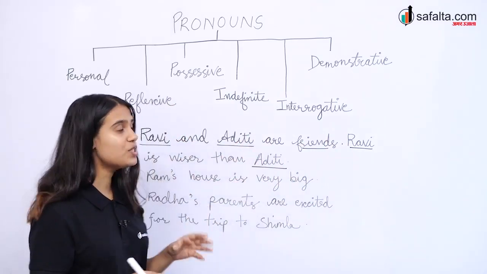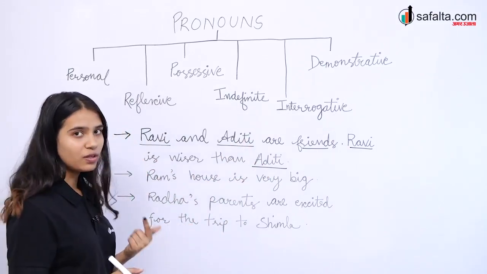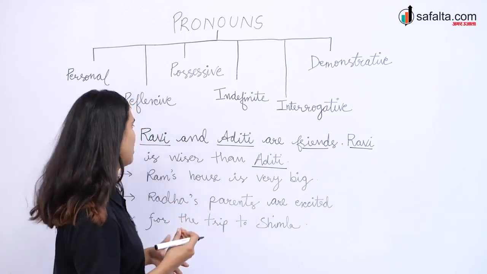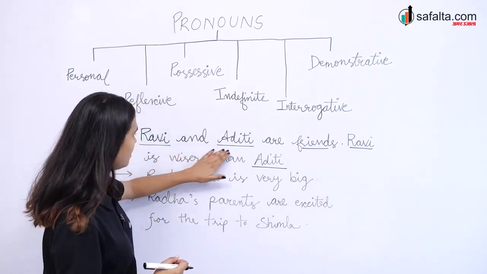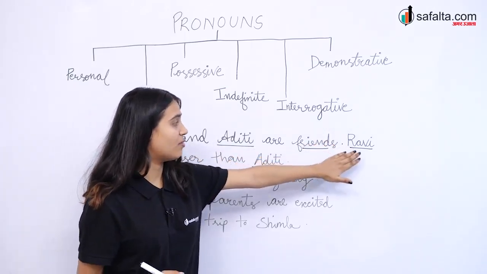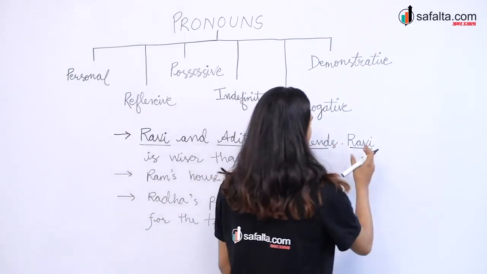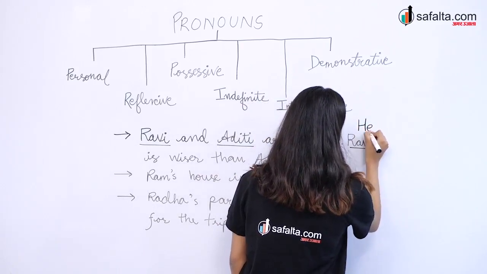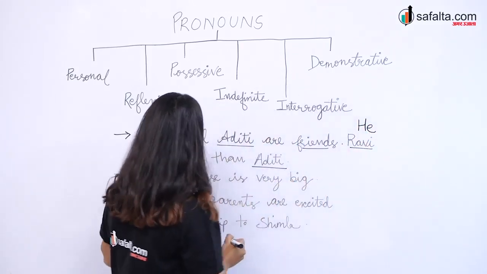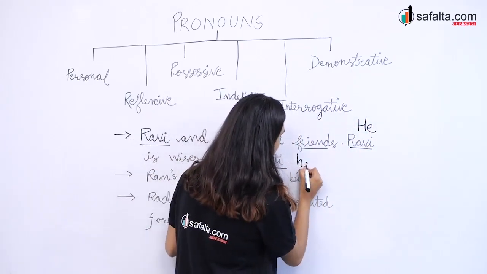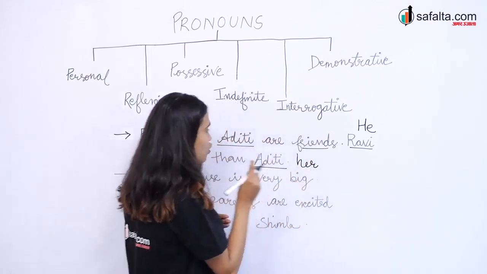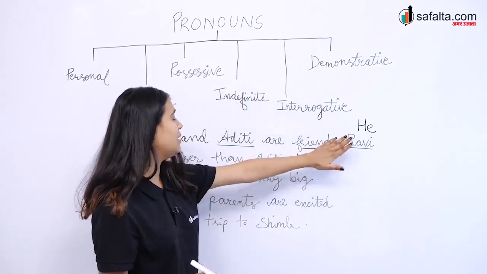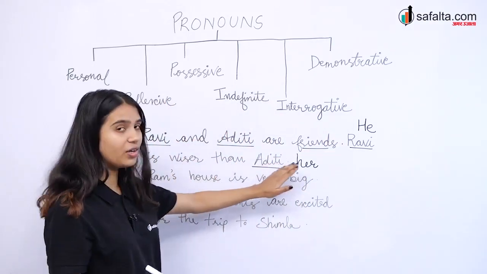We have to use pronouns in place of these nouns to make the sentence easier to understand. So we can write he instead of Ravi, her instead of Aditi. The sentence becomes: Ravi and Aditi are friends. He is wiser than her.